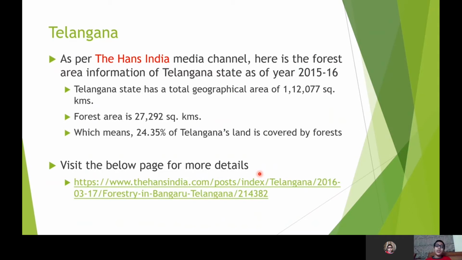Telangana state has a total geographic area of 1,12,077 square kilometers. Forest area is 27,292 square kilometers, which means 24.35% of Telangana's land is covered by forest. For more details, visit the website below.